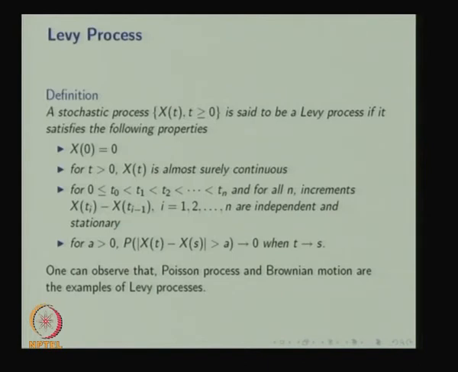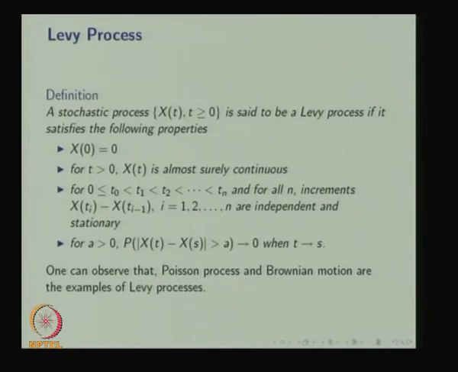The fourth condition: for a > 0, the probability of |X(t) − X(s)| > a will tend to 0 as t tends to s.